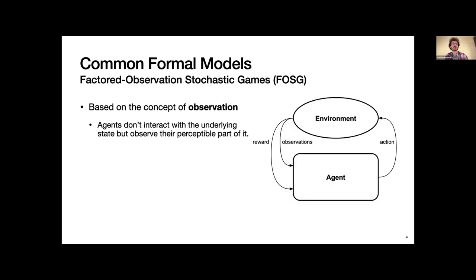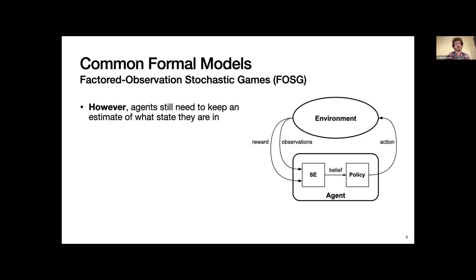Another model is the factored observation stochastic game, which is based on the concept of observation. So agents don't interact directly with the underlying environment, but observe only their perceptible part of it. And so now the information can be divided between public and private information, but there is still a small problem, because agents still need to keep an estimate of what state they are in.